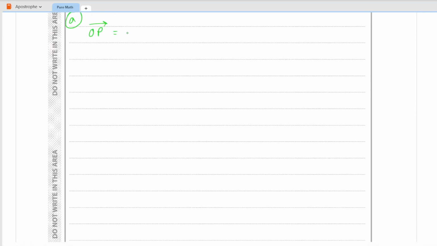So OA plus AP. Now OA is equals to A, we already know, and AP is to PB is equals to 3 is to 1. That means AP is equals to 3 over 4 AB. How is it 4? 3 plus 1.